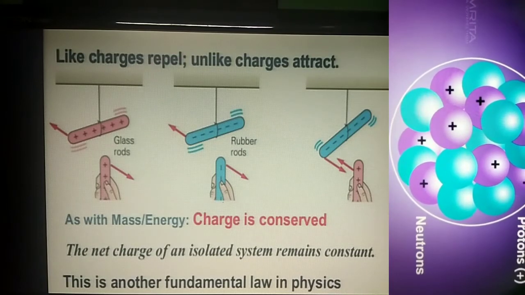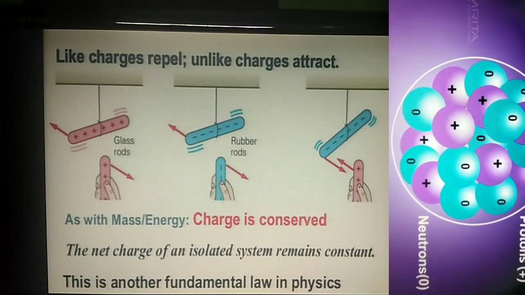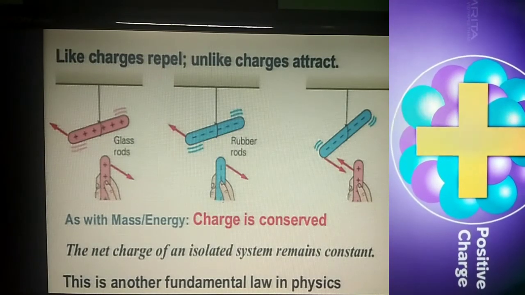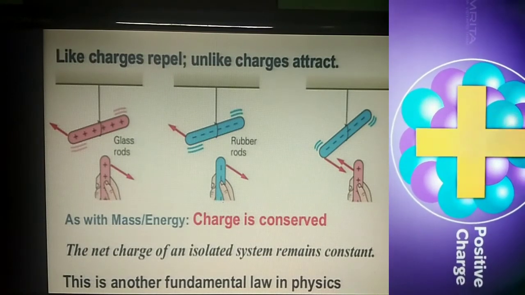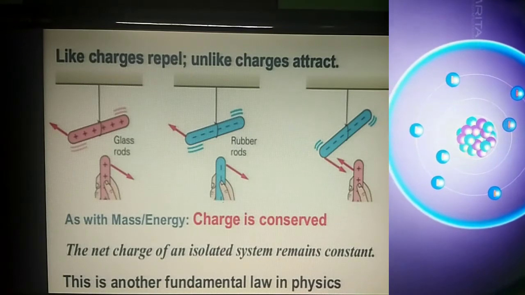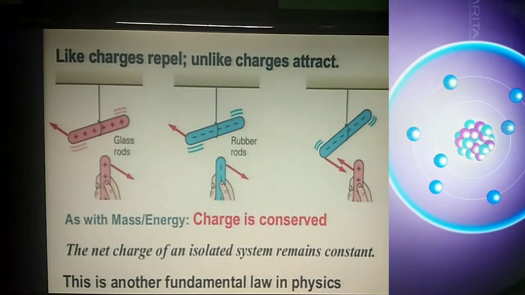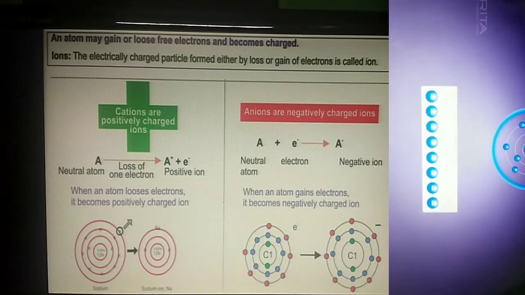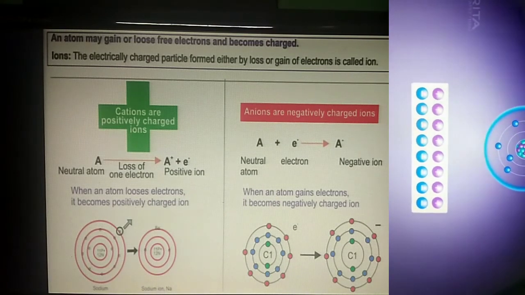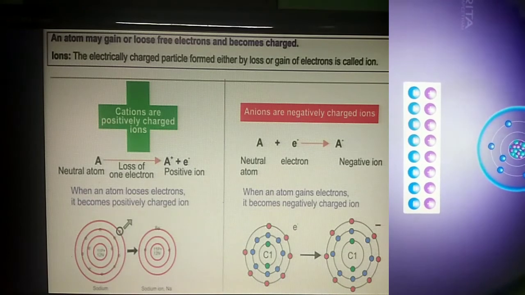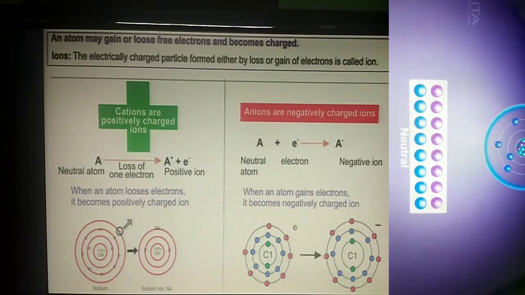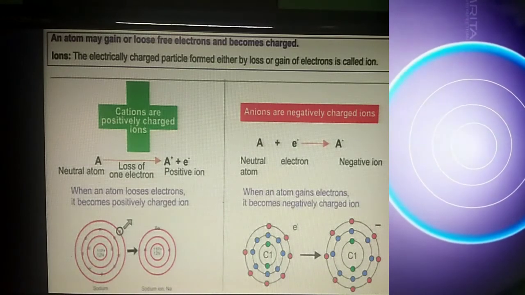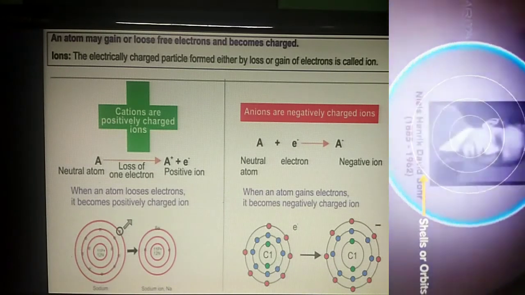That is the reason the statement that every object in the universe is electrically neutral is true according to the fundamental law in physics. An atom gains or loses free electrons and becomes charged. Ions are electrically charged particles formed either by losing or gaining electrons.